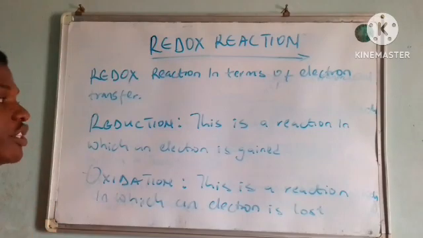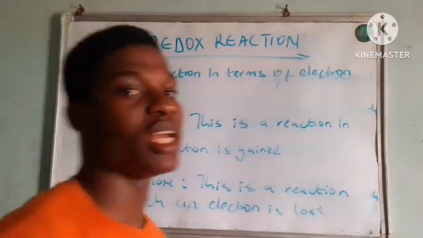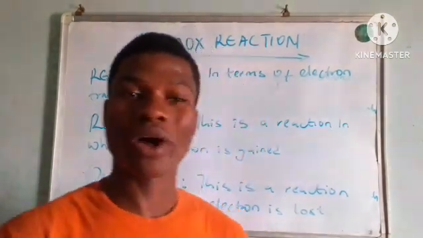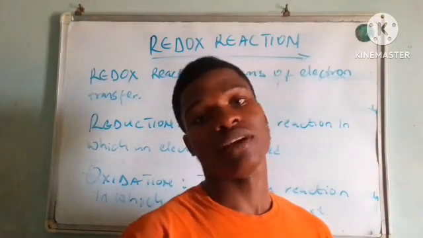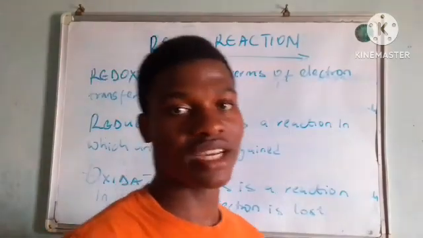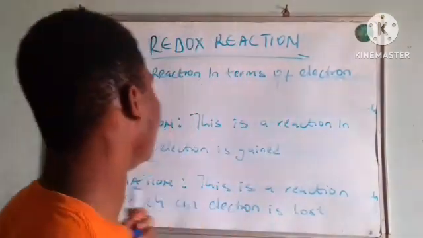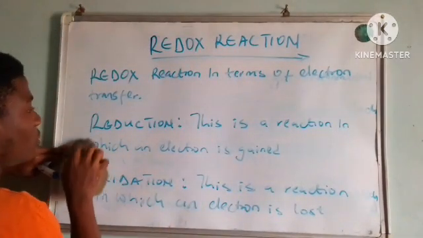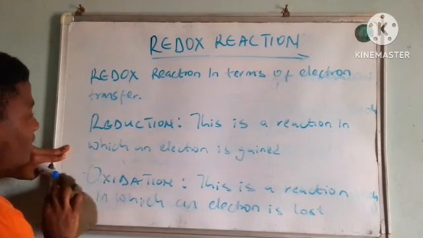So this is it. Reduction is a reaction in which electron is being gained, while oxidation is a reaction in which electron is lost. And we'll be using a reaction to cite an example for us to learn more and understand more. So just copy this down.